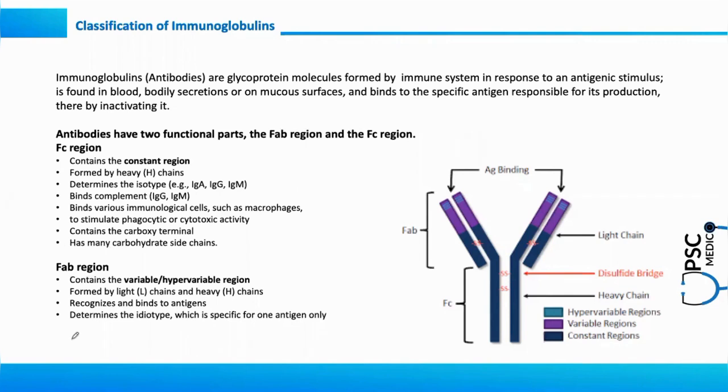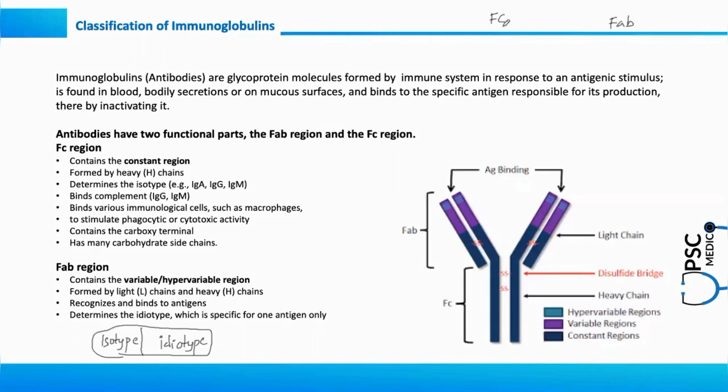There are two kinds of determinants here: one is the isotype and the other is the idiotype. I'll teach you about this in the mechanism, but what you need to remember is the difference between Fc and Fab.